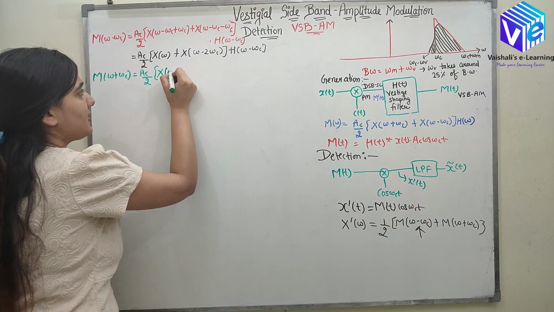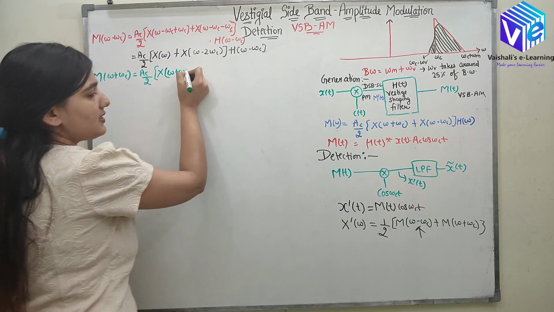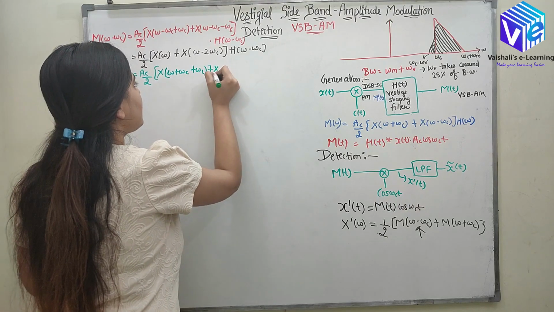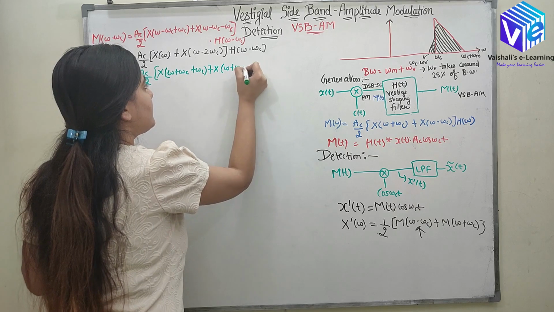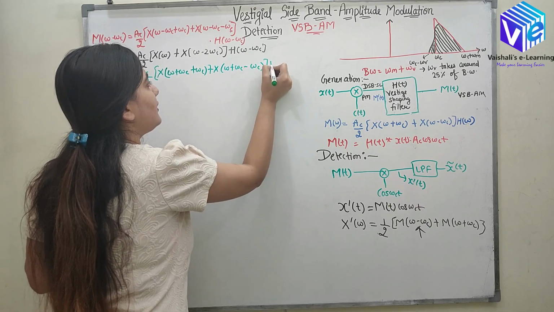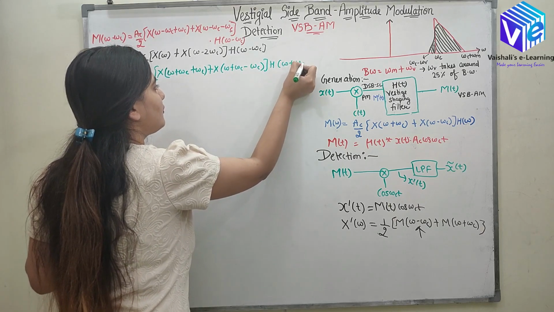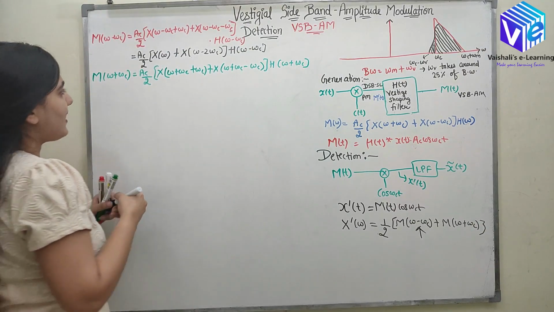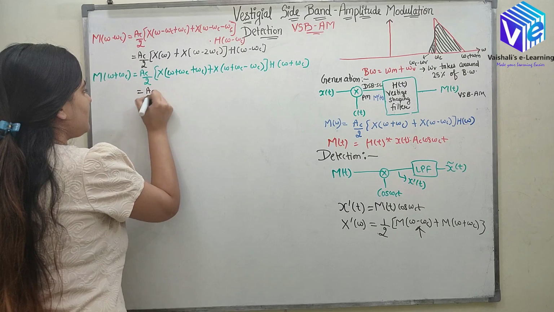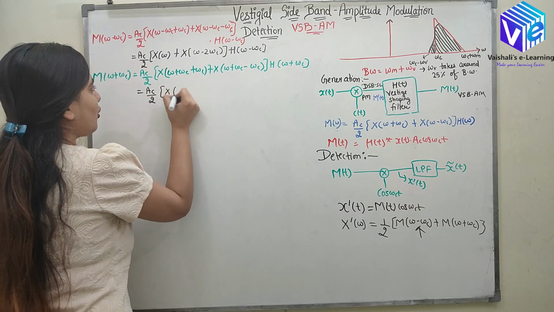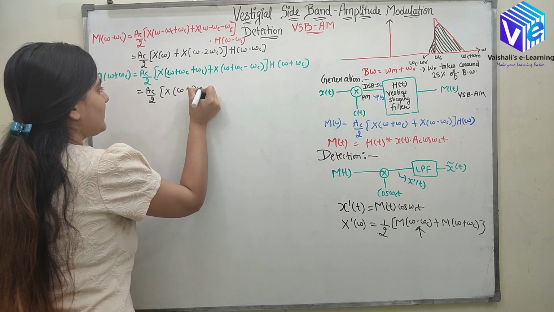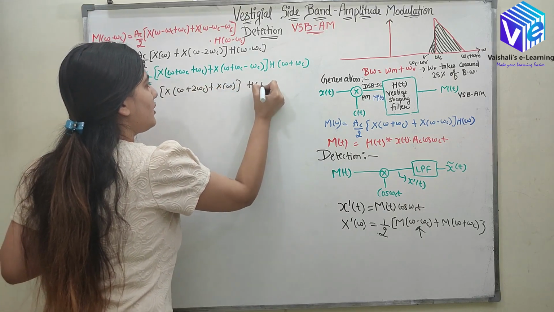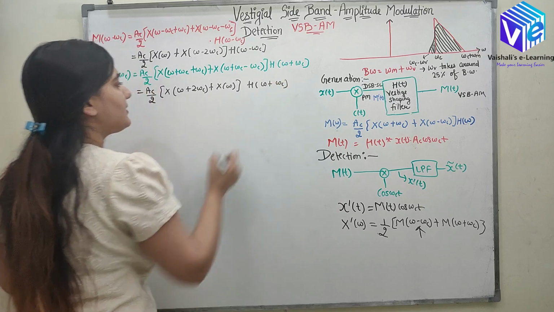So X(ω+ωc+ωc) plus X(ω+ωc−ωc) into H(ω+ωc). Now I can even simplify this. This would be Ac/2 [X(ω+2ωc) + X(ω)] into H(ω+ωc).